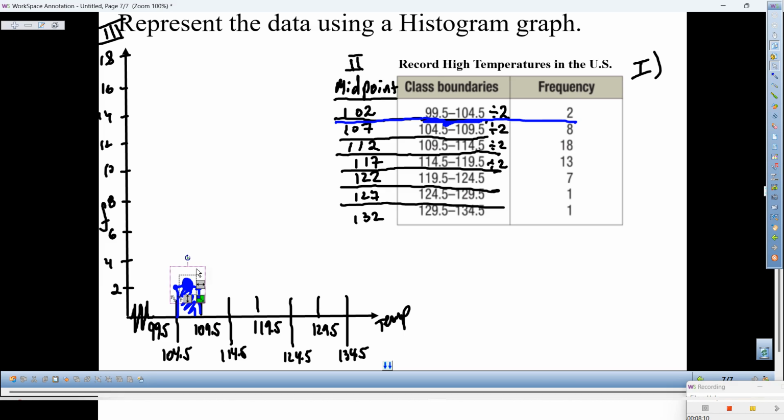Let me move back. Okay, technology, help me out here. There you go. So, 99.5 to 2, 104.5 to 2, the midpoint, which is in between these, a big point to accentuate, and then you shade your bar.